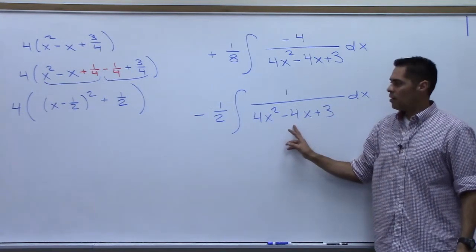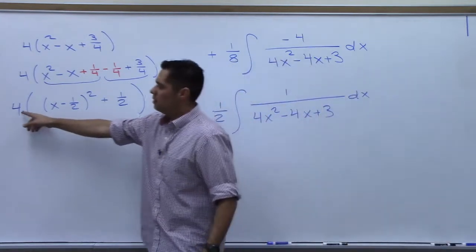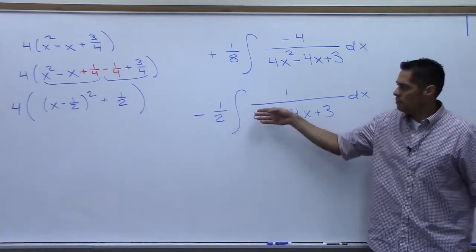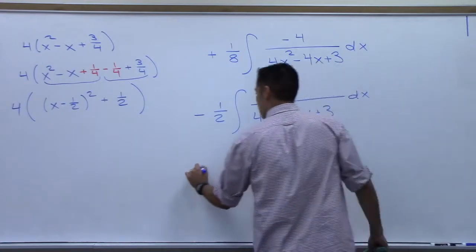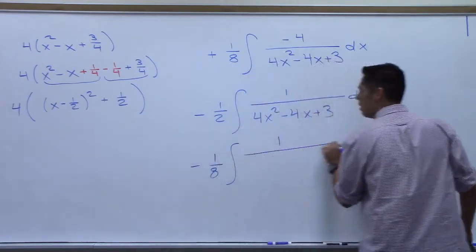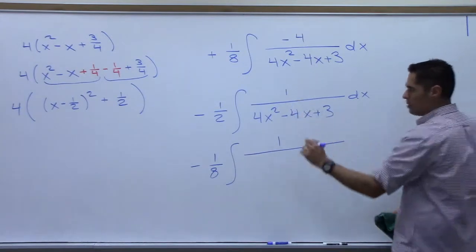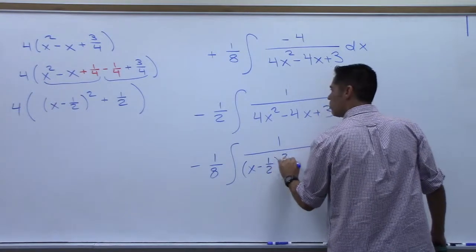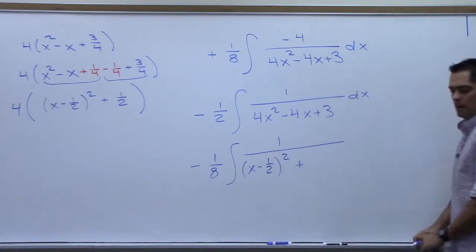Yeah? What can I do with that 4 out here? Pull that out. It's on the bottom, so it'll become -1/8, right? So now I'm at -1/8 integral 1 over, and then I pulled the 4 out, so x minus 1/2 squared plus 1/2, right?